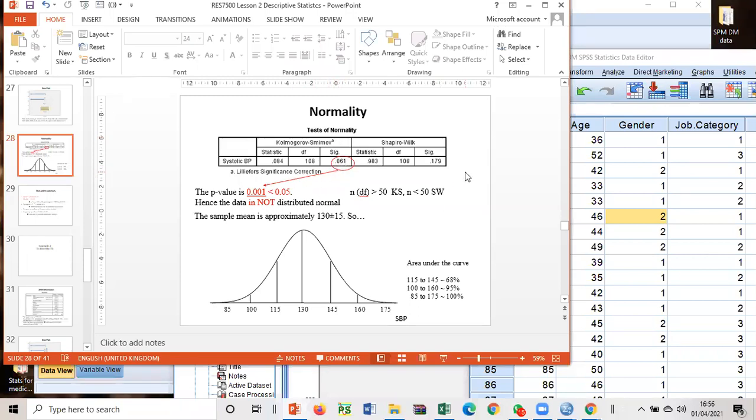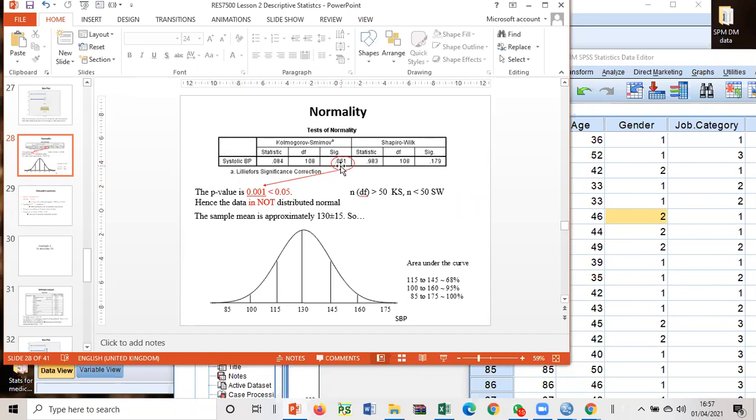Professor, for the test of normality, I also don't understand what the p-values mean. Next class we will see that. For the time being, see whether it's more than or less than 0.05. Is it more than 0.05?